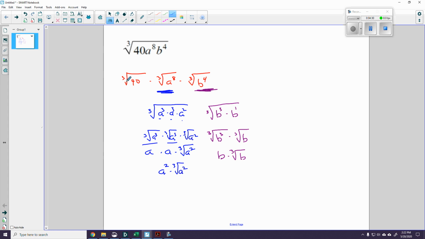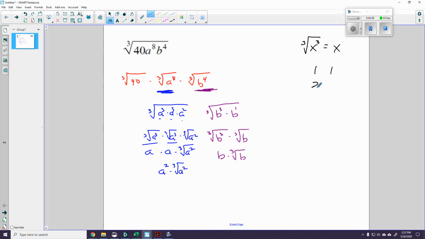Let's take a look at this cube root of 40. Just like when I started this problem, I want to find as many perfect cubes underneath the radical sign as I can so that I can move them out. In order to do that, I really need to know what my perfect cubes are. For the number 1, the perfect cube is 1.